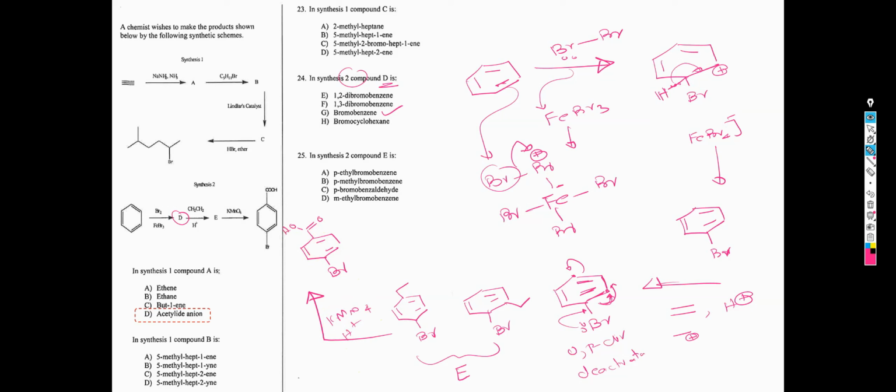Now one thing that you want to avoid is, because you see only one carbon in the product structure here, if you're just looking at this without looking at the whole ethylene added to the benzene ring, you will think that you have a methyl group. Because you see only one carbon here, you might be tempted to think that the precursor also has only one carbon, which is not true.